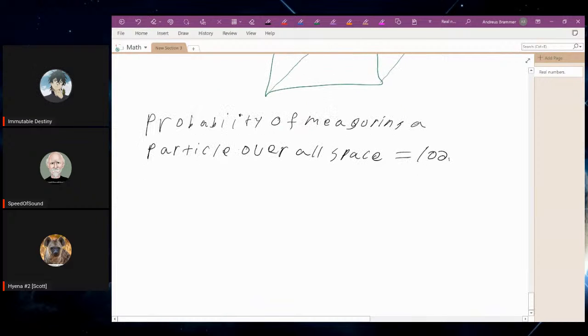And actually, we can express this mathematically more uniformly. Now, by all space, you still mean the box, right, or whatever our confines are.